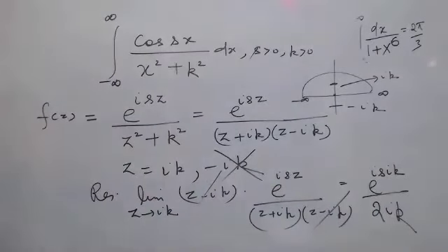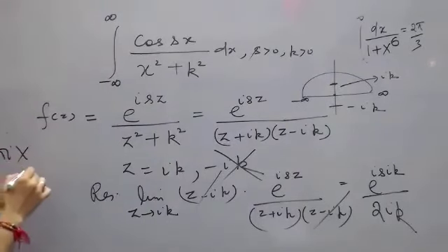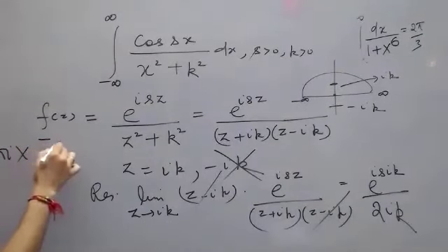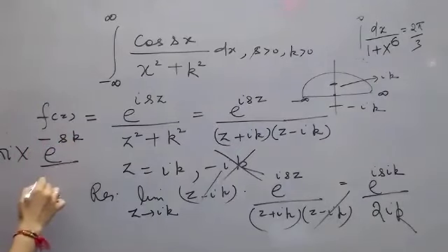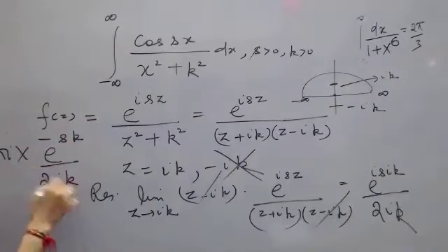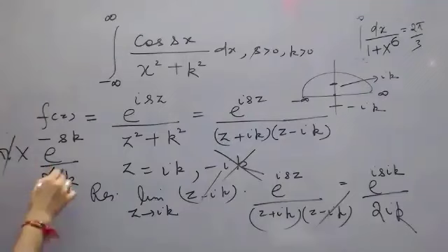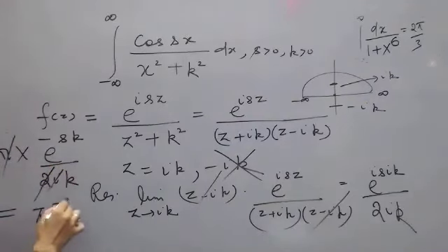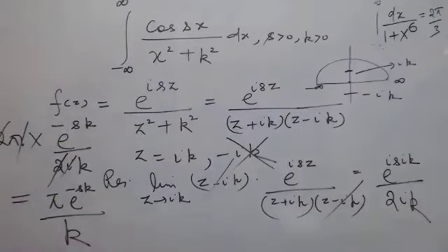It will be given by 2 pi i, real of, into e to the power minus sk over 2 ik. 2i, 2i. So this whole is real. So it will become pi e to the power minus sk over k. That is the answer.